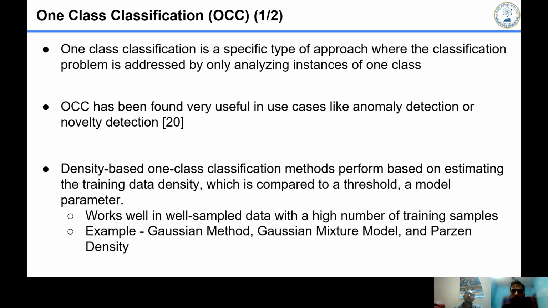It works well when the sample has a well defined density. Some examples of one class classification are the Gaussian model or Gaussian mixture model or Poisson density model.